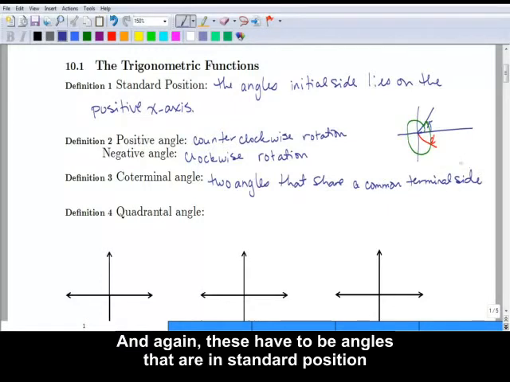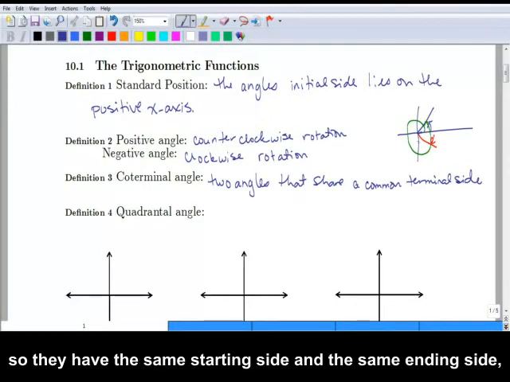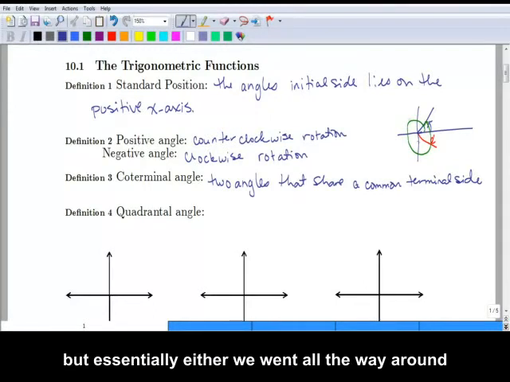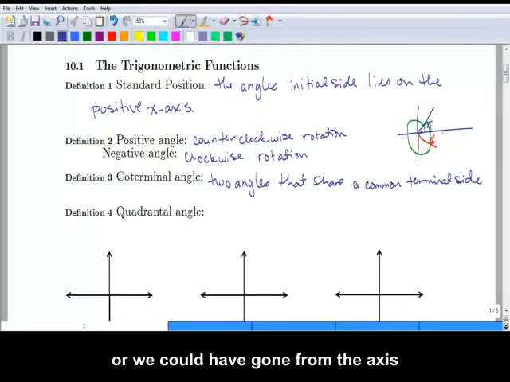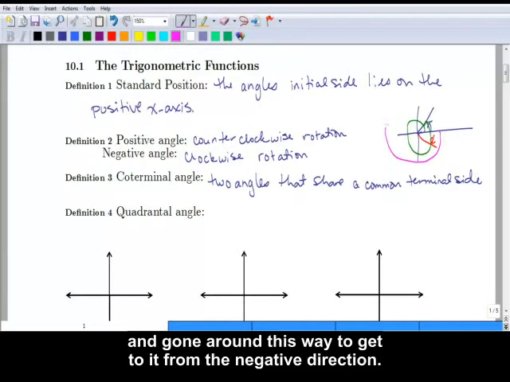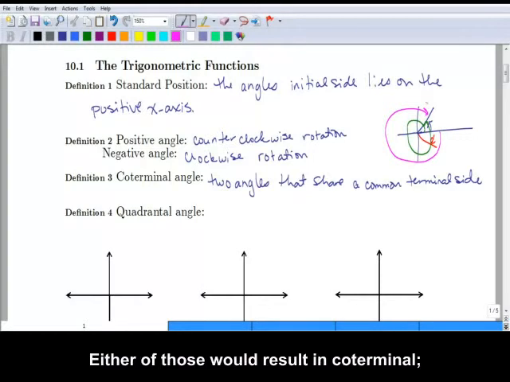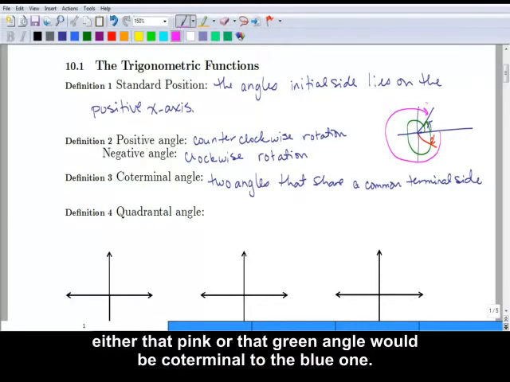And again, these have to be angles that are in standard position, so they have the same starting side and the same ending side, but essentially either we went all the way around or we could have gone from the axis and gone around this way to get to it from the negative direction. Either of those would result in coterminal. Either that pink or that green angle would be coterminal to the blue one.